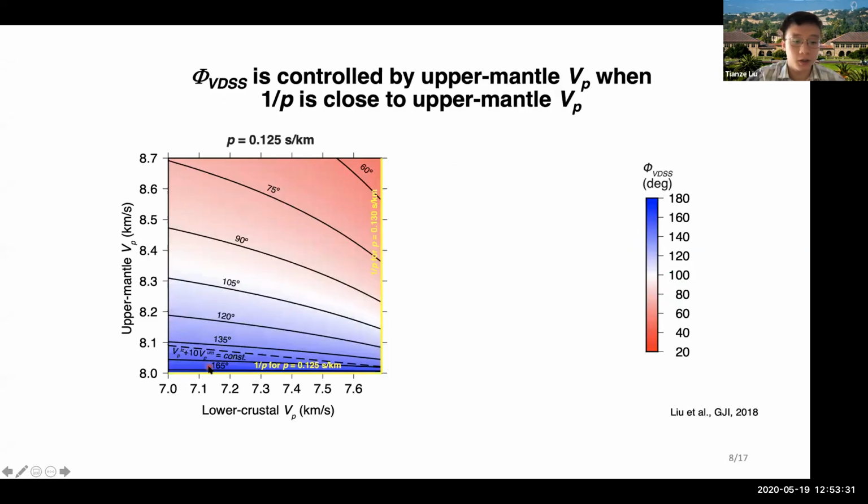Here, I'm computing phi VDSS for various different values of the upper mantle VP and lower crustal VP for a fixed ray parameter of 0.125 seconds per kilometer. And in this plot, blue means high phi VDSS and red means low phi VDSS.